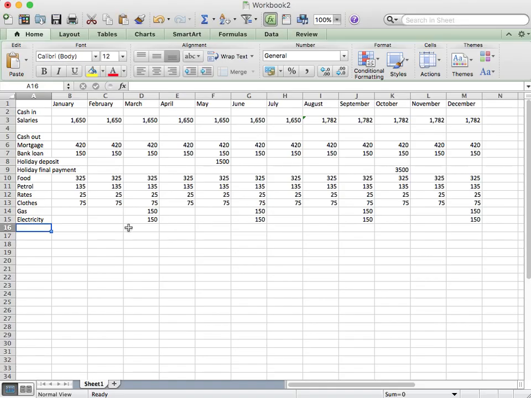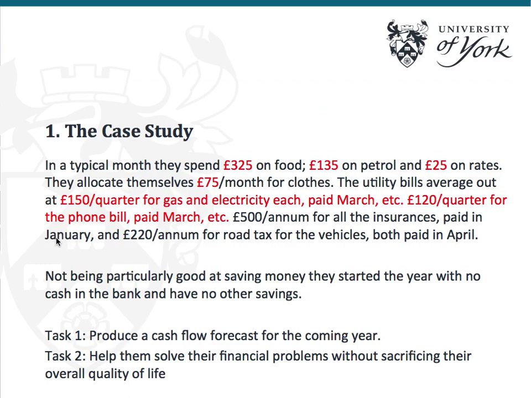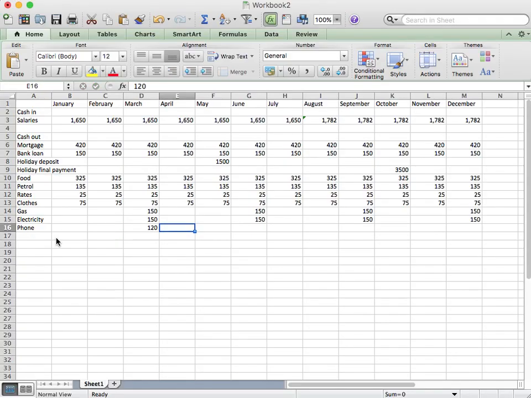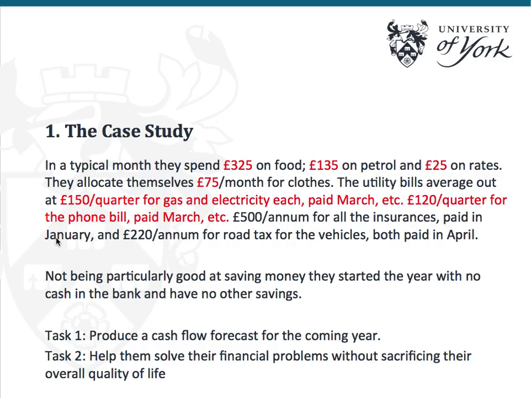So phone bill, let's give it a capital letter, phone bill, and these are payable in, again, March. So it's the same period. 120, 120. Okay, that picked up phone bill.